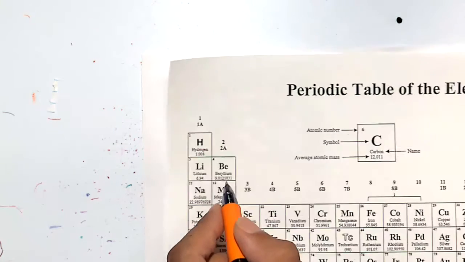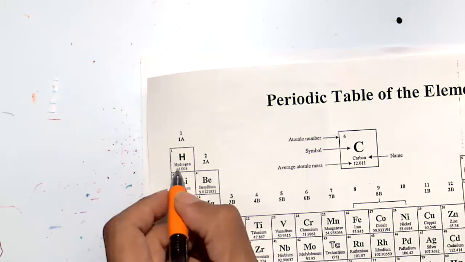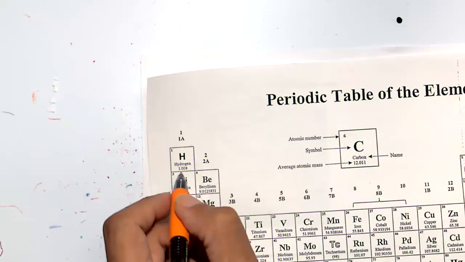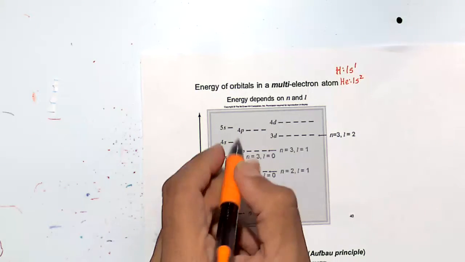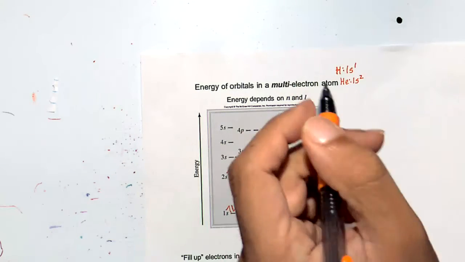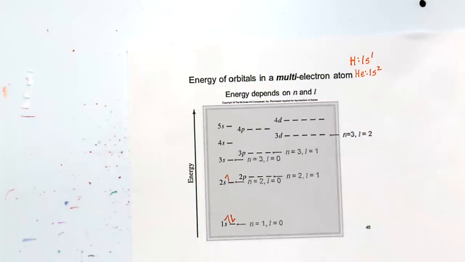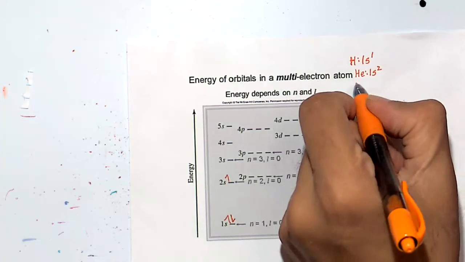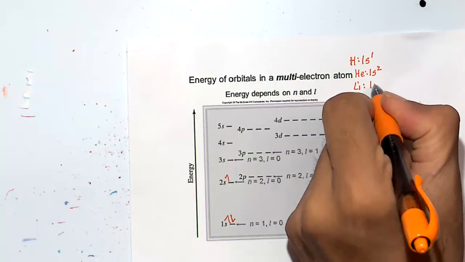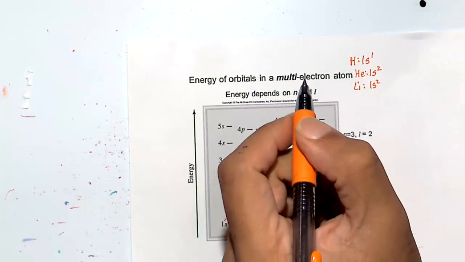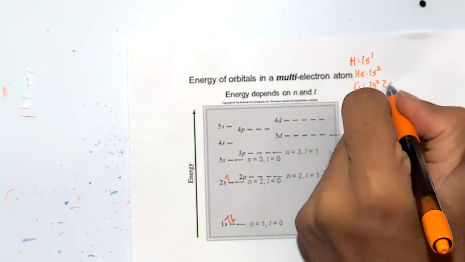Next element, 3. How many electrons in lithium? Lithium has 3 electrons. So 1, 2, 3. So lithium is 1s2, 2s1.